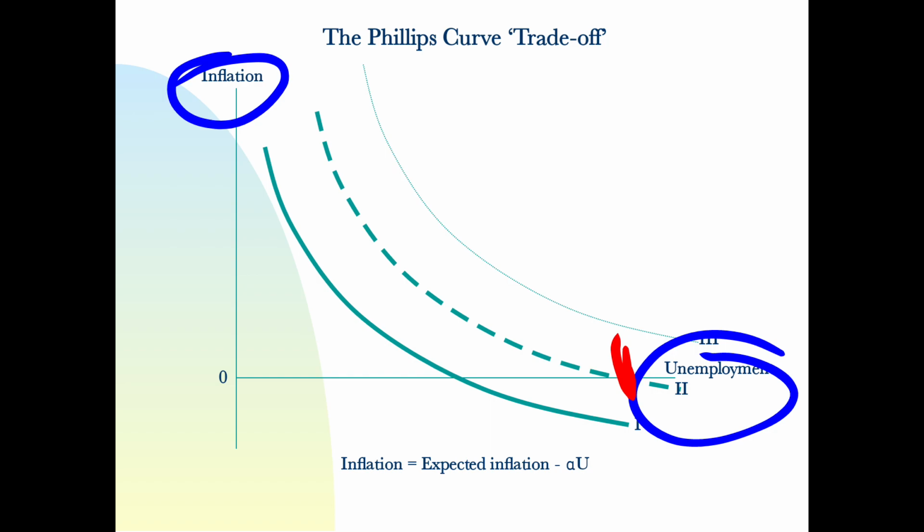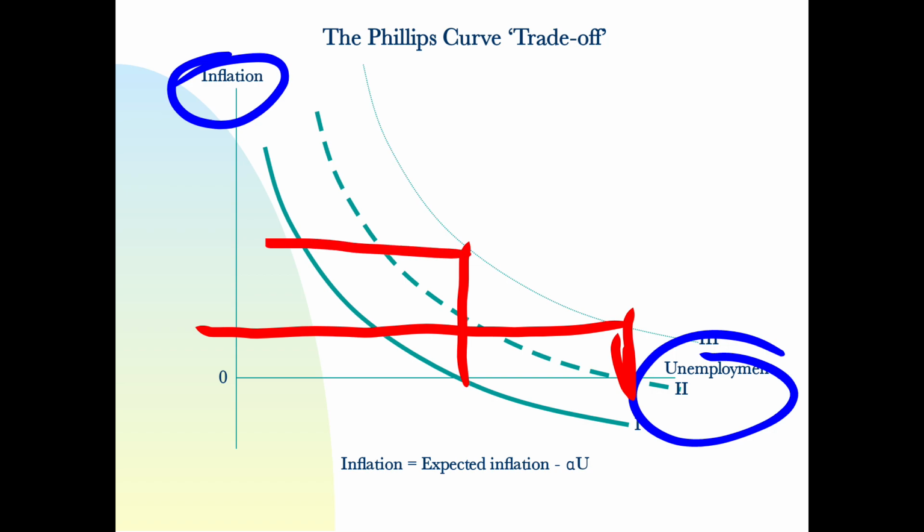When it is high, we can notice that inflationary pressure in an economy tends to be weak. For example, this is the inflation rate. At this level of unemployment, the inflation rate will decrease, and here the employment will increase.